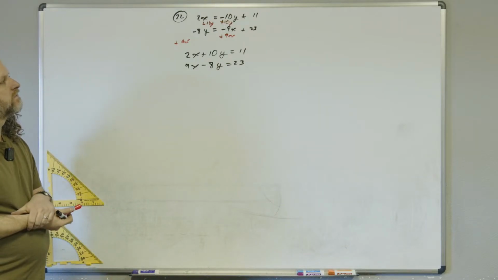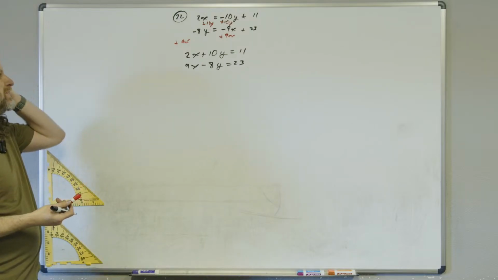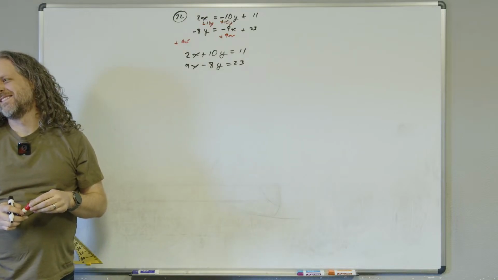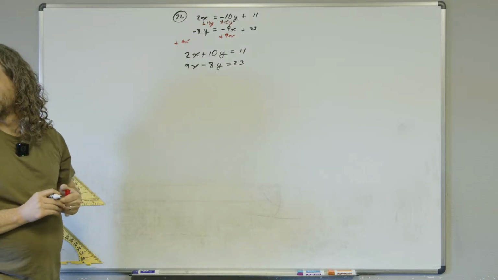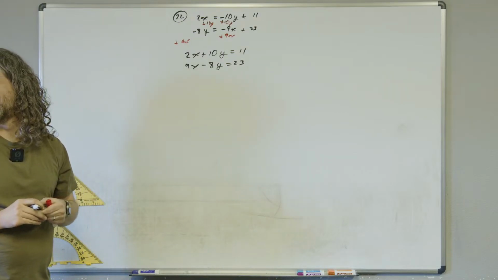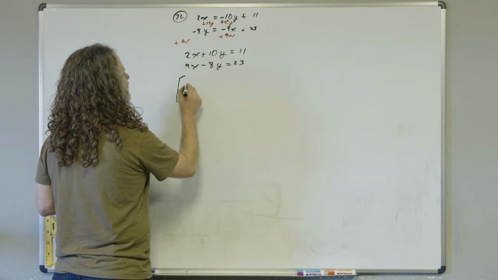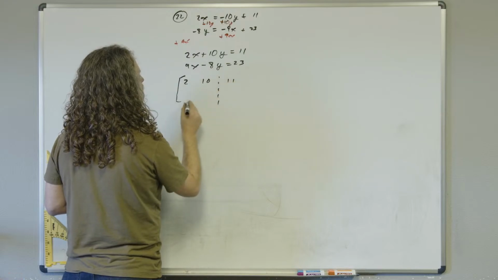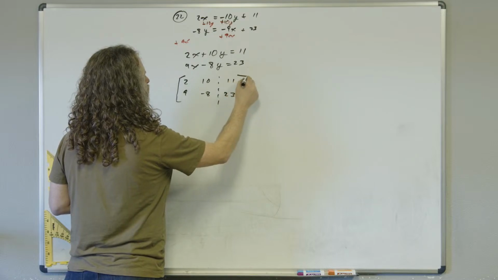I do not know. Well, we should probably put it in an augmented matrix, right? That's what we do to solve these problems. I was trying to solve it like an augmented matrix without the augmented matrix. Ah, well, that would just be like regular elimination, right? No, I did the same thing, I just had all the extra stuff in it. I see. 2, 10, 11, 9, negative 8, 23.